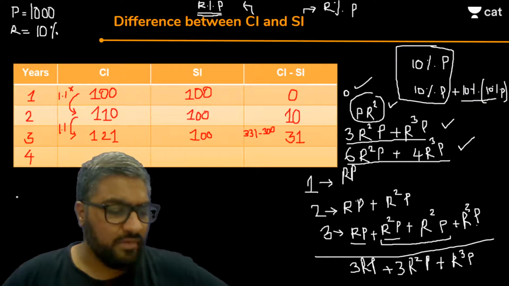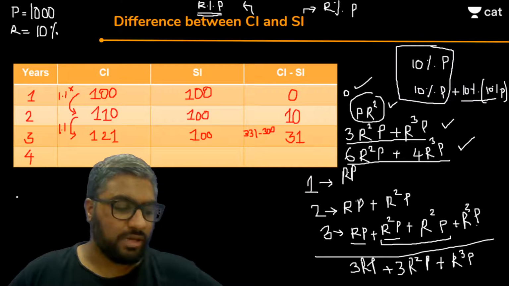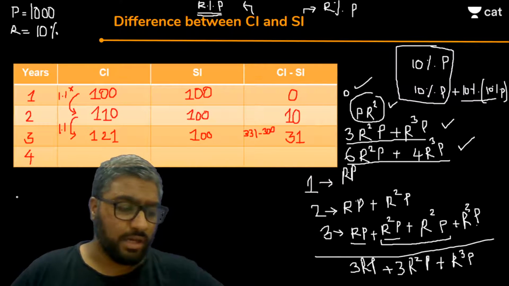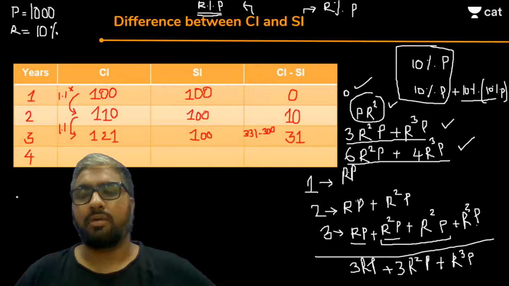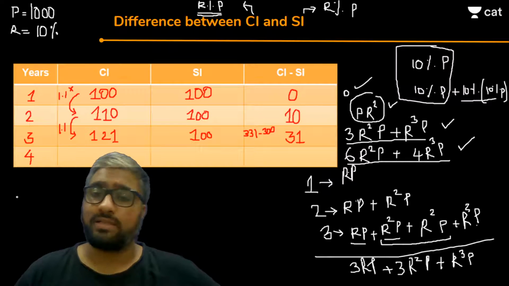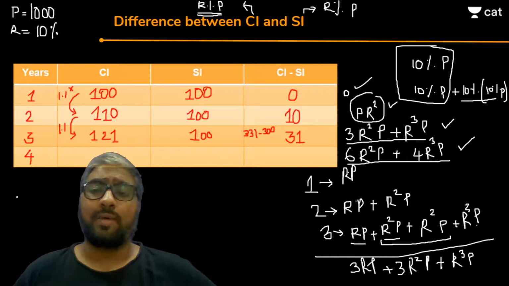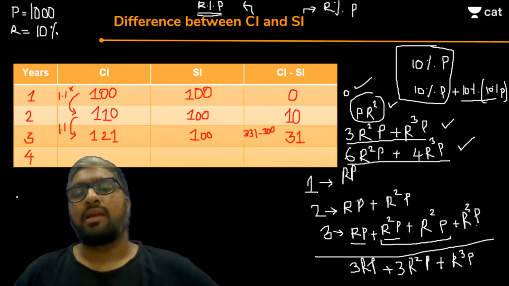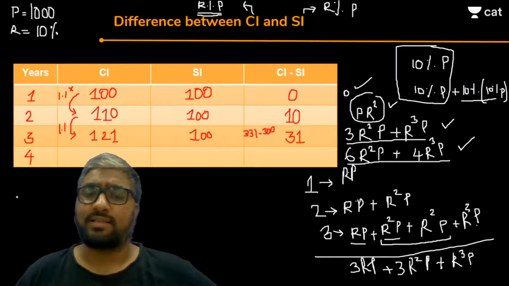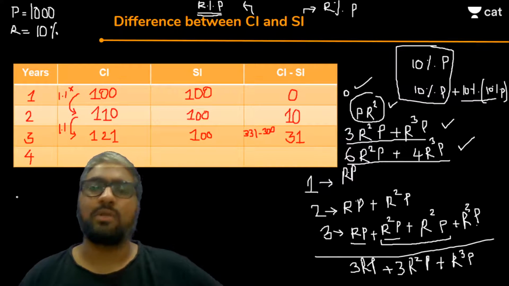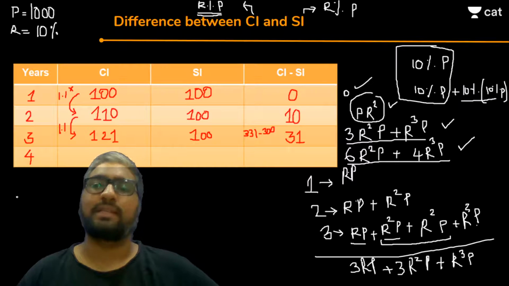Vijay, when you mean formula, what formula are you talking about? Obviously you can rely on a formula unless and until the question is direct. If the question is not very direct, then in that case you will get stuck. So concept is more important than formula. Formula is for speed.